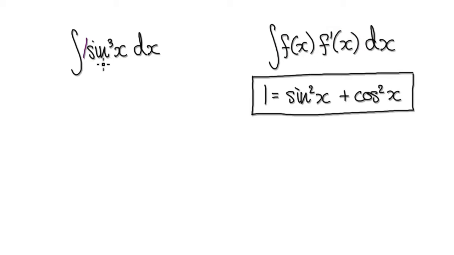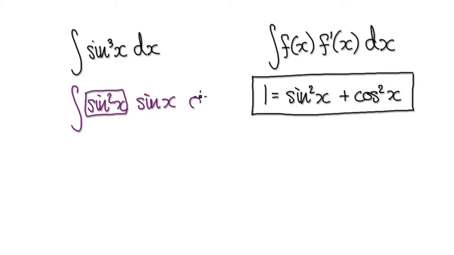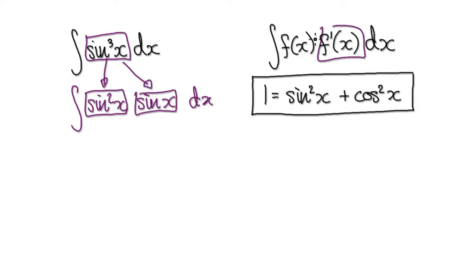If you break this up like this, so you've got sine squared x as one block, and then you've got another block sine x, and then you've got your dx. So break this up into two blocks, and remember we are trying to get it into this form, something being the derivative of another thing.